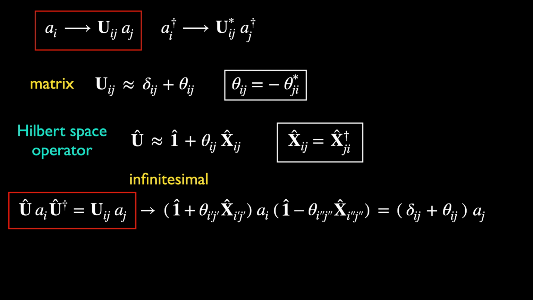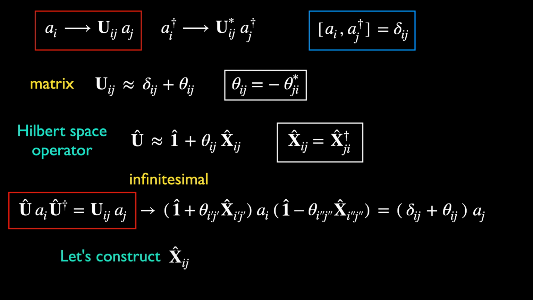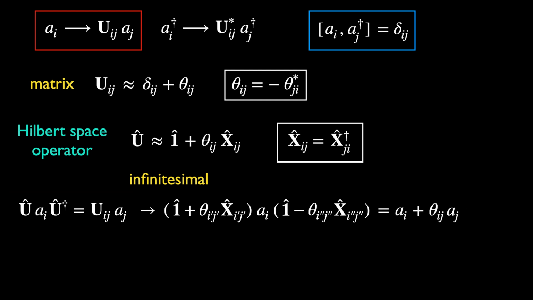This gives us the conditions the generators X hat have to satisfy. Using the commutators for the ladder operators, this equation will allow us to solve for the X's in terms of A's and A daggers. The key is to notice how a commutator appears on the left-hand side of this equation.